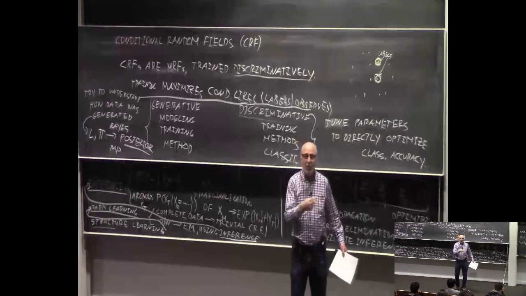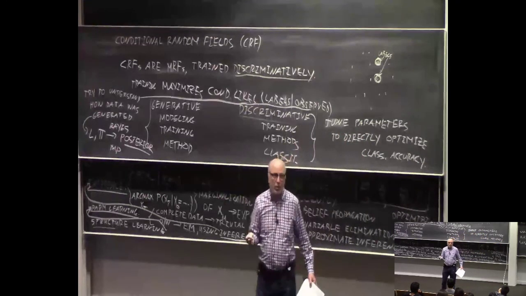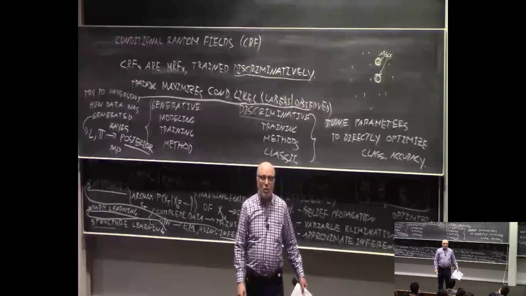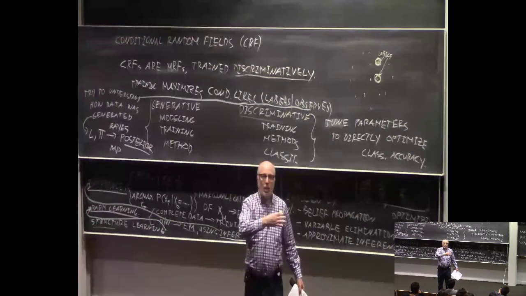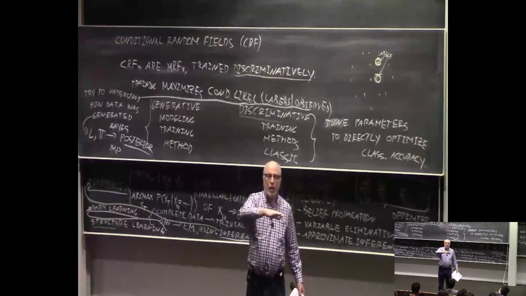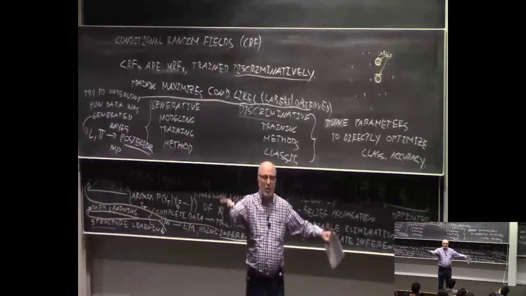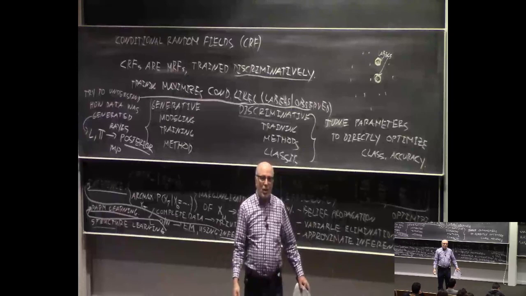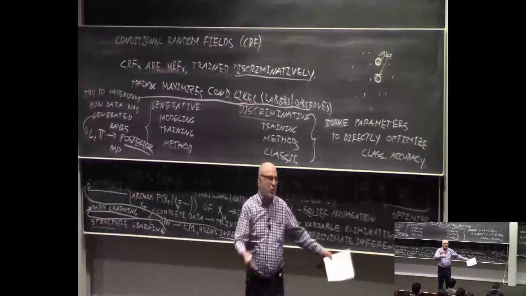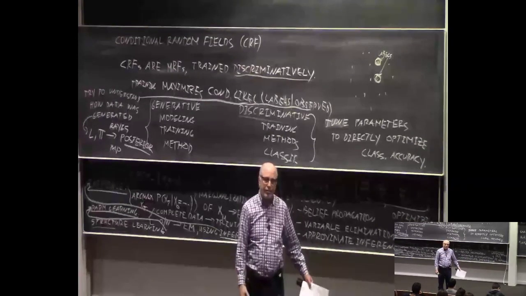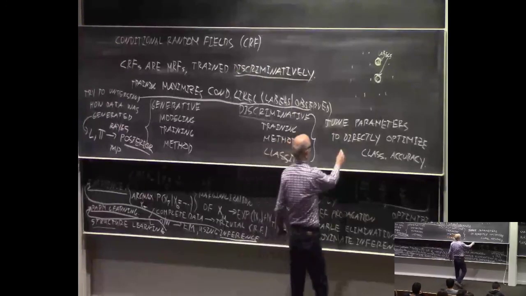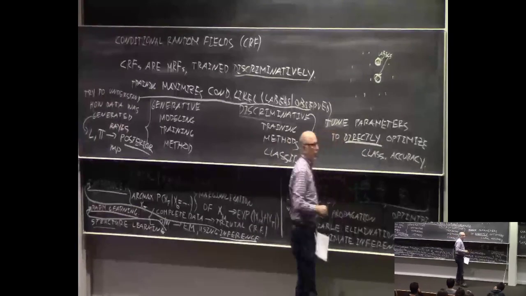By parameters here, I do not imply that there is a likelihood function. These are parameters of something else, knobs in the machine. So linear discrimination is tweaking a surface so that it maximally separates the positive cases from the negative cases. Not paying any attention to how these cases were generated or how likely they are. So this is going directly for what we care about in the end.